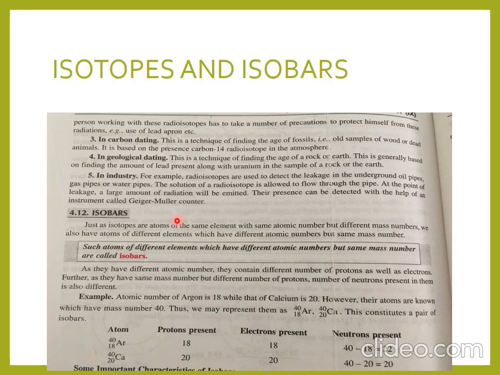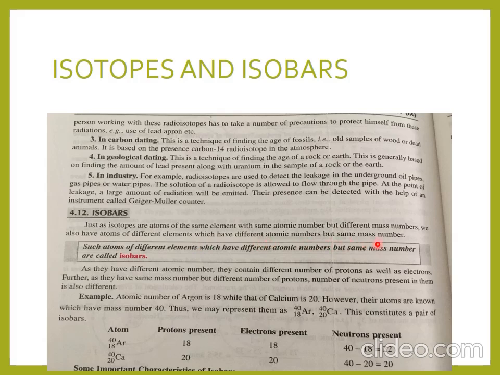Now coming to the topic isobars. Just as isotopes are atoms of the same element having the same atomic number but different mass number, we also have atoms of different elements which have different atomic number but the same mass number.